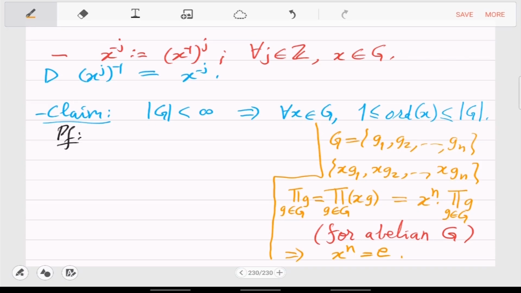This proof obviously doesn't need G1 to Gn to be numbers or anything. This is just symbols satisfying group axioms. Okay, so that's the idea. This tells you that x to the n, which is the size of the group, is always the identity element.